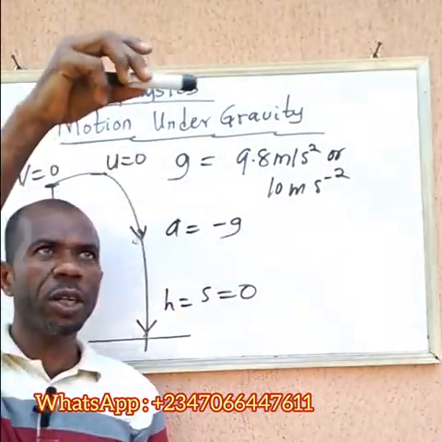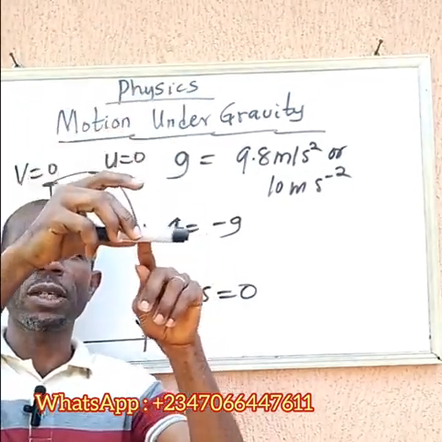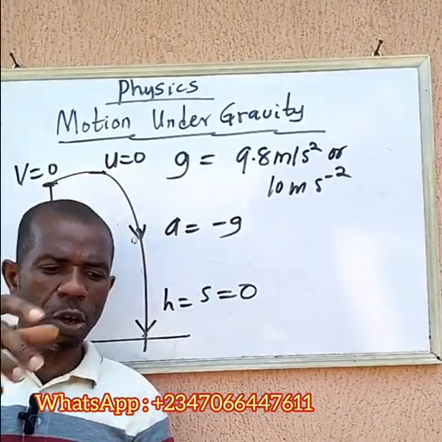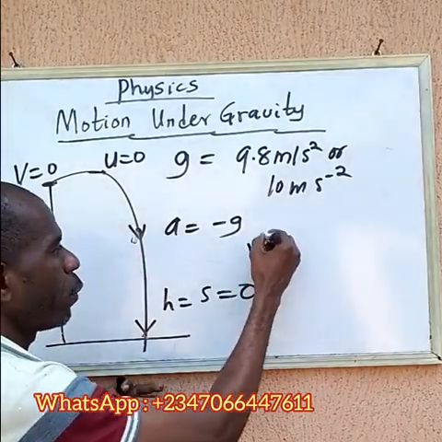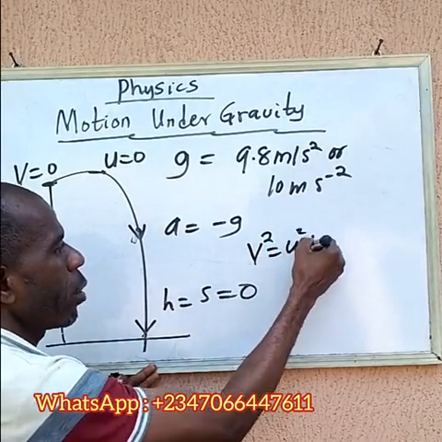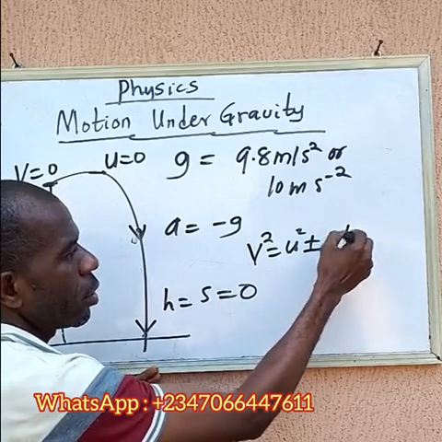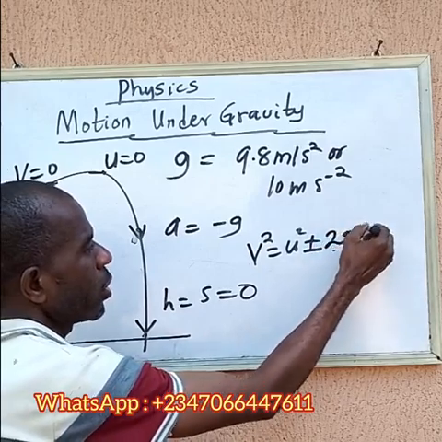Now, if the object is already resting like this, it means the initial velocity of this object is 0. Are you getting that now? As it is dropped and coming down, we use v squared equals u squared plus or minus 2gs.